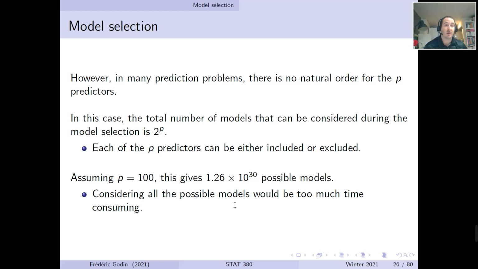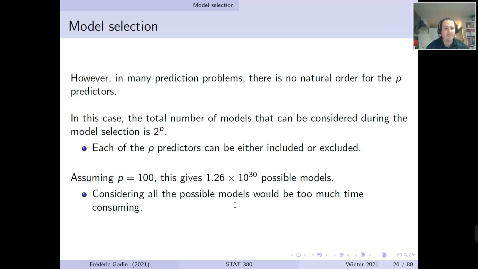Each explanatory variable could be either included or excluded, so you have two choices for each variable. And because you have p variables, you have in total 2 to the power p models when there's no logical order for predictors. This is different than for the polynomial regression, where you have p models to train instead of 2 to the power p.